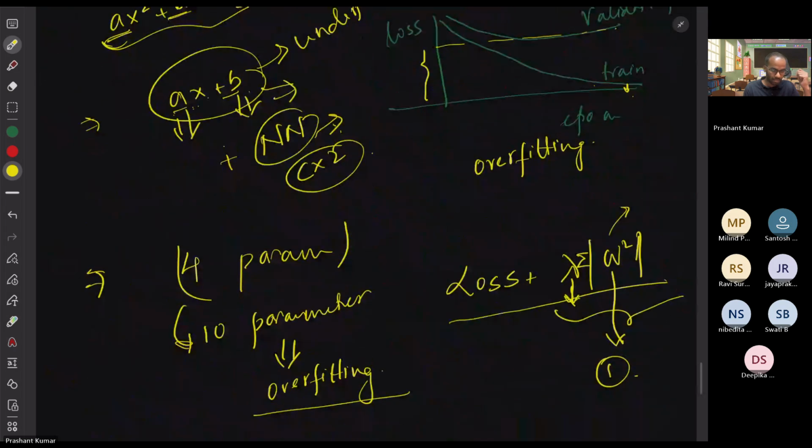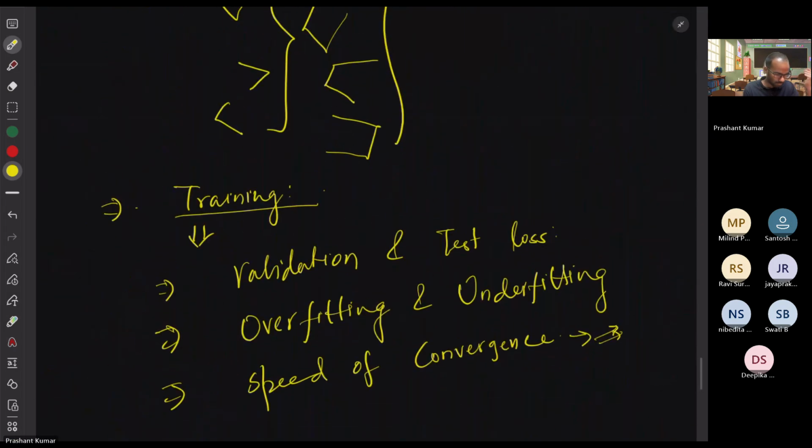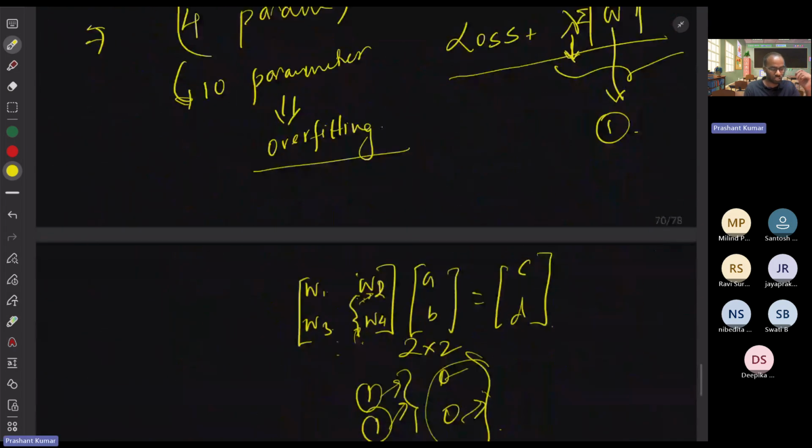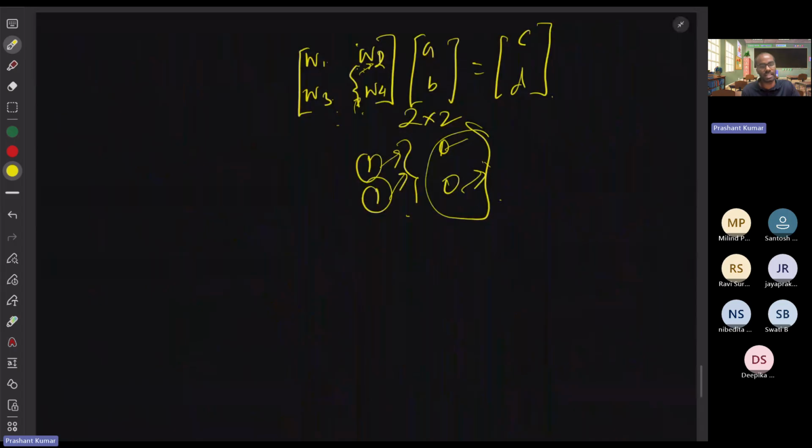Also, when we were talking about this batch normalization, we were saying that when we are adding the batch normalization into the layer, basically we are trying to separate the relation of layer 1 with layer 0 or layer 2 with layer 1.